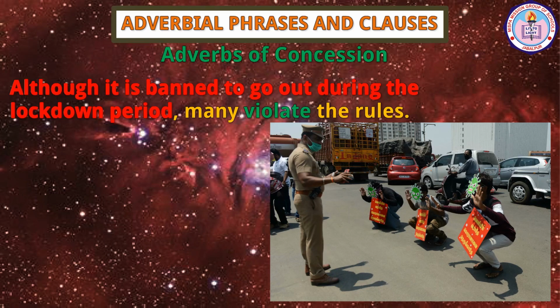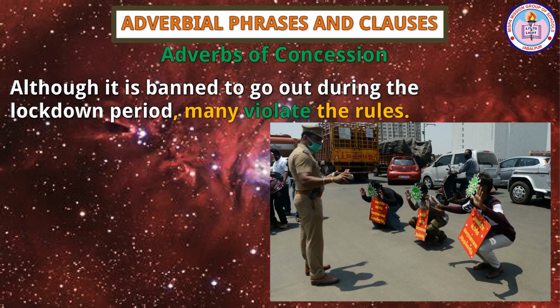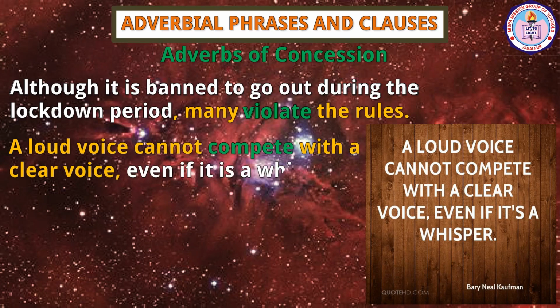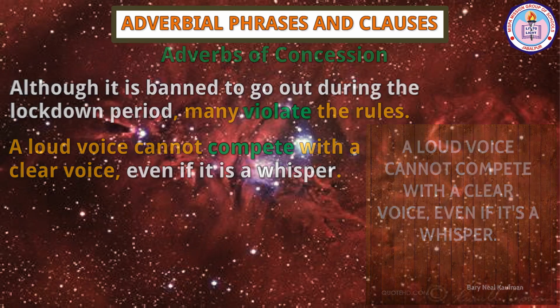Although it is banned to go out during the lockdown period is the adverbial clause that modifies the verb violate. A loud voice cannot compete with a clear voice even if it is a whisper. Here, even if it is a whisper is the adverbial clause which modifies the verb compete.